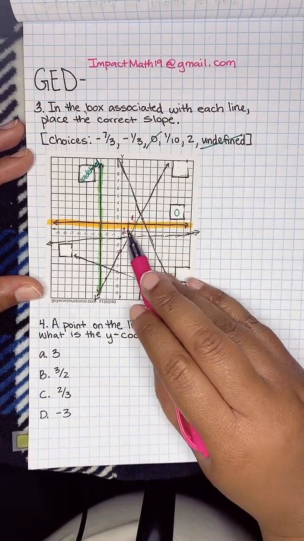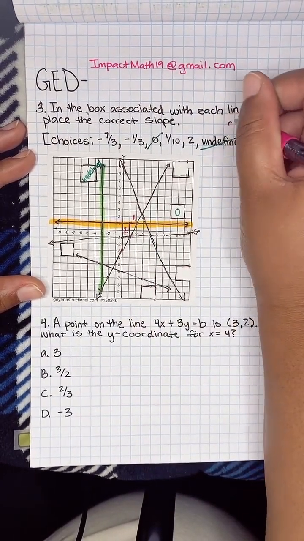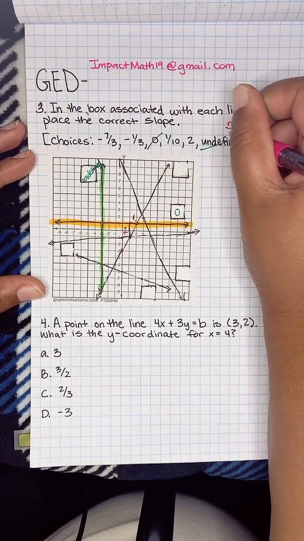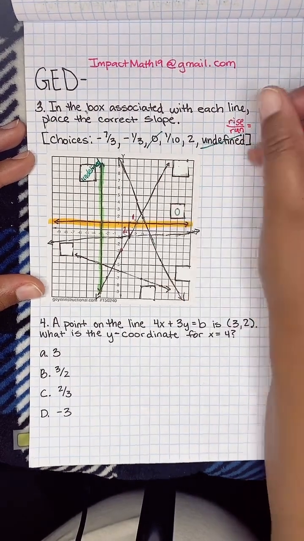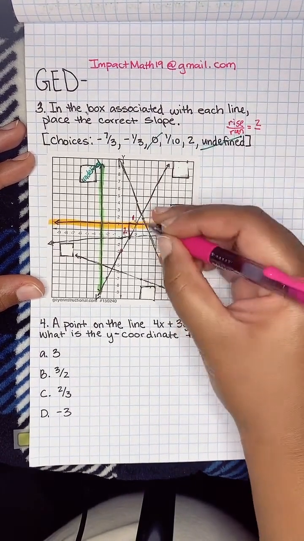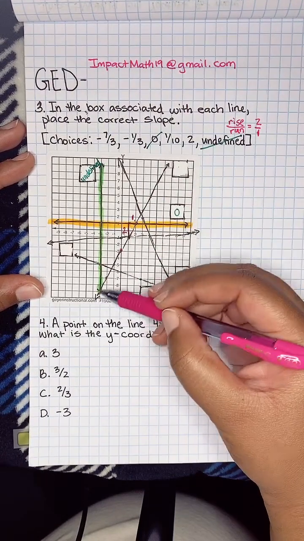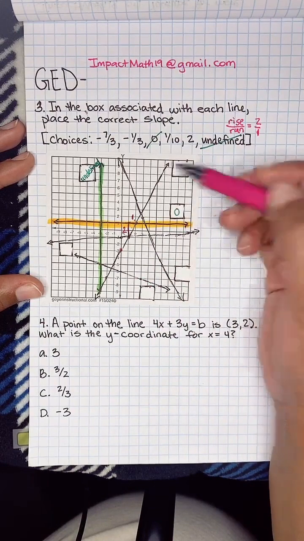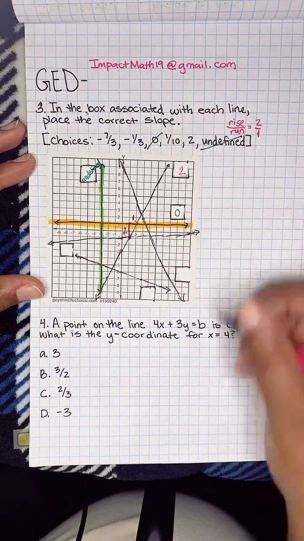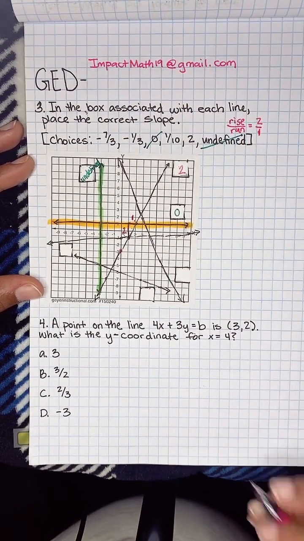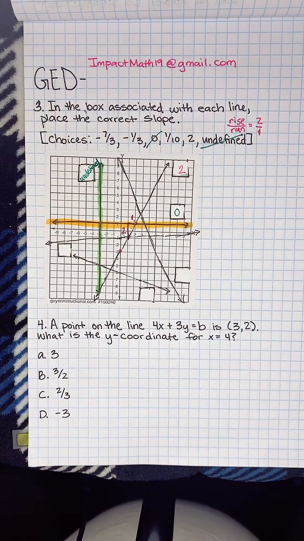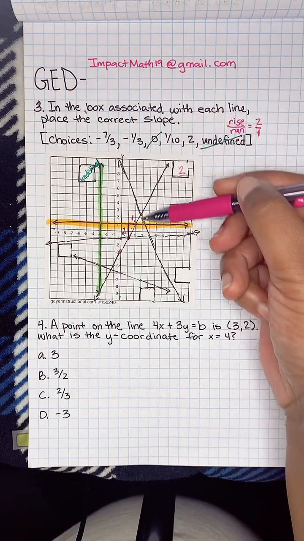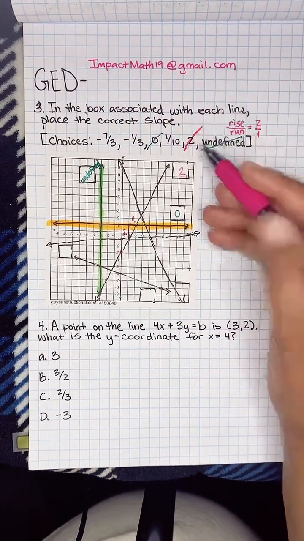So my slope is going to be, remember, slope is always rise over run. So I rose 2 over and I ran 1. So my slope for this guy here is 2. Good. Wonderful. All right, let's check out this one.